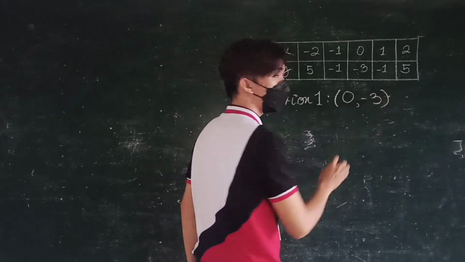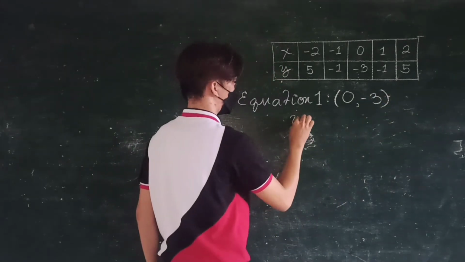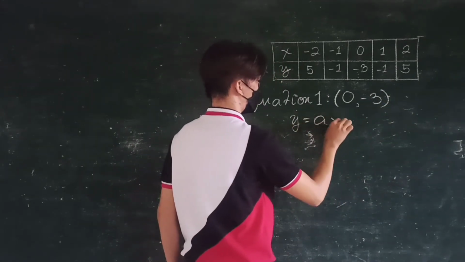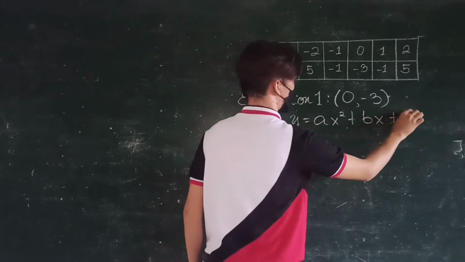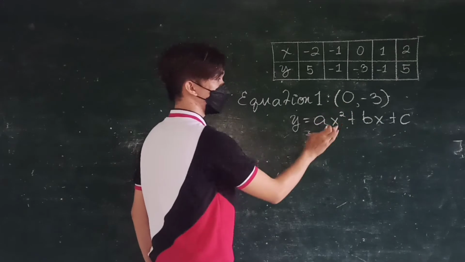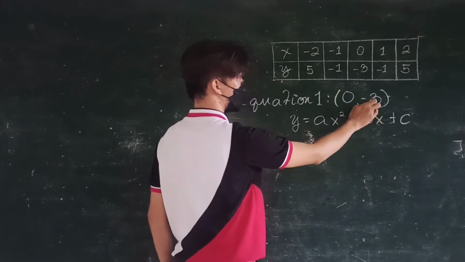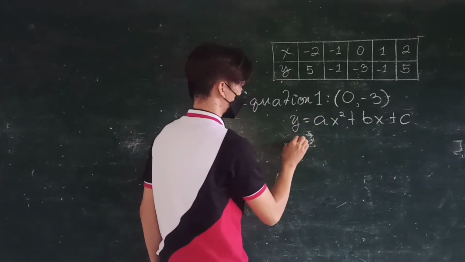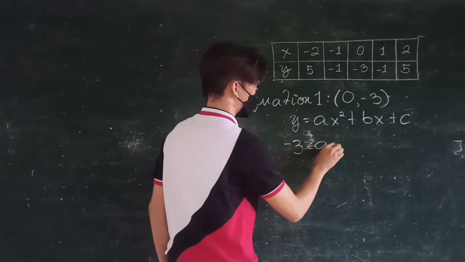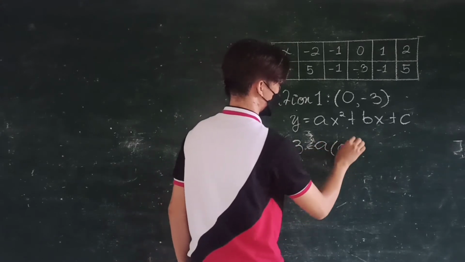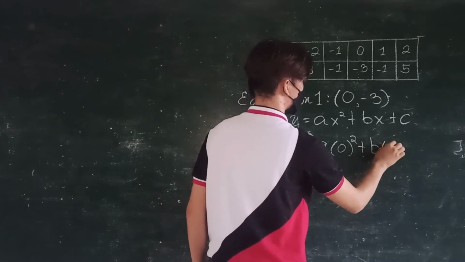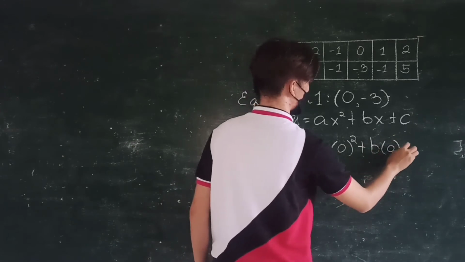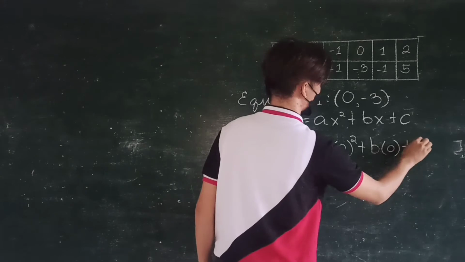We are going to use the general form of a quadratic equation. We have y equals ax squared plus bx plus c. Here we are going to substitute 0 for x and negative 3 for y. So we have negative 3 equals a times 0 raised to the power of 2 plus b times 0 plus c.